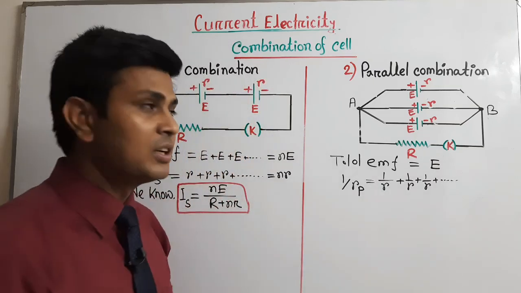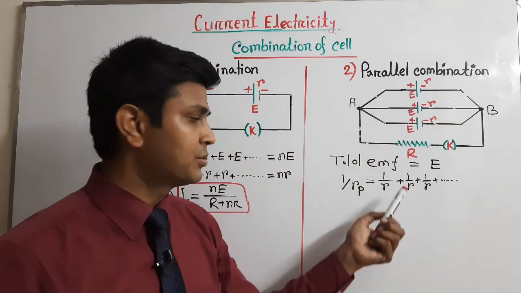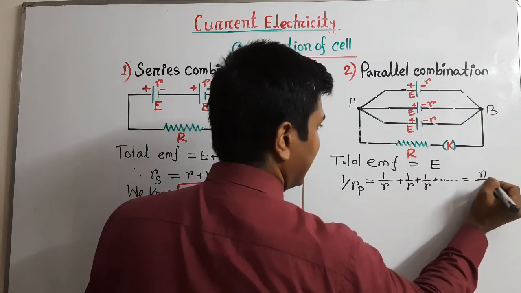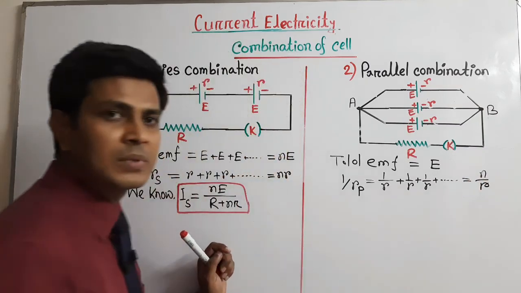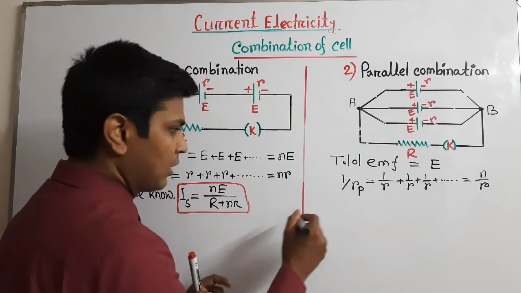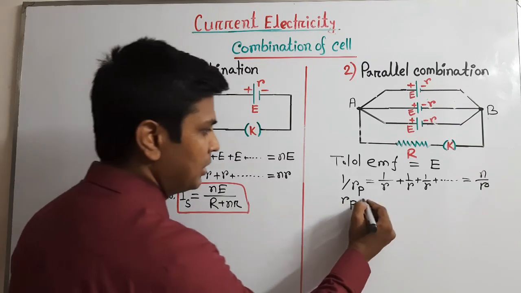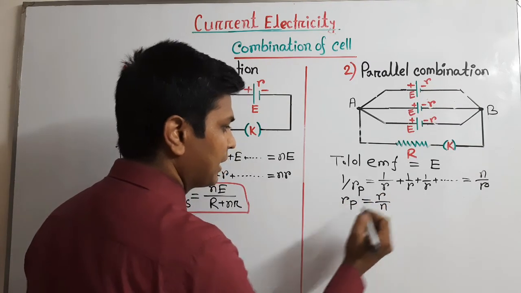If you consider there are n number of sources, we will get its value as n divided by r. Now if you want to calculate only the value of Rp, it will be small r divided by n.